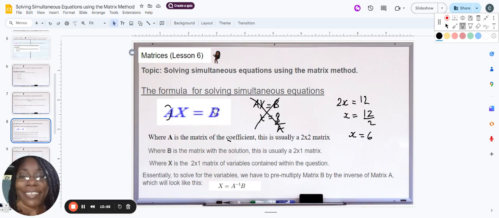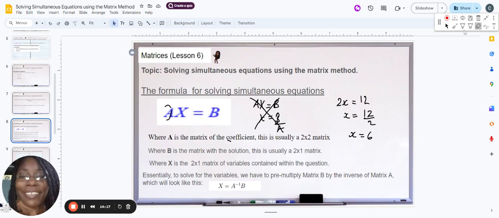Remember we said B will be a 2 by 1 matrix and A will be a 2 by 2 matrix. We cannot do that. So what we do to show this in matrices, we use what we call the inverse of a matrix, which came from our last lesson. So for us to bring this A across, it's going to look like this below here.